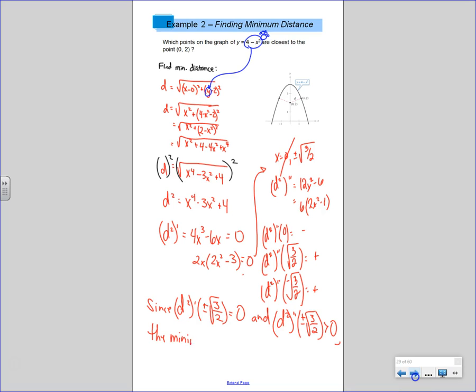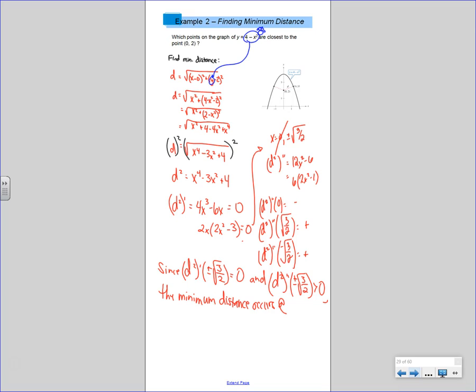The minimum distance occurs at, doesn't it say which points?